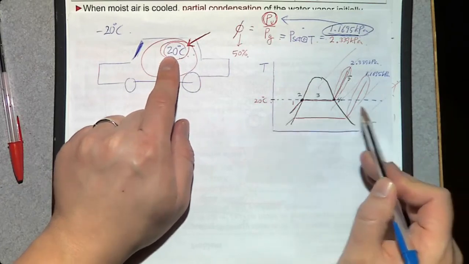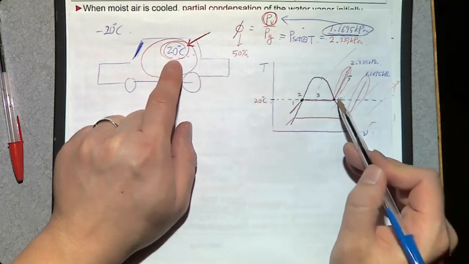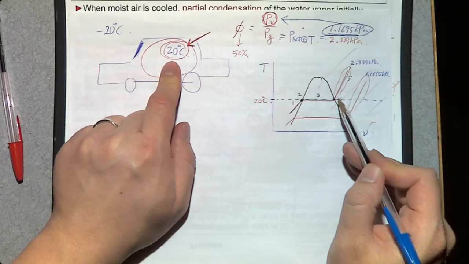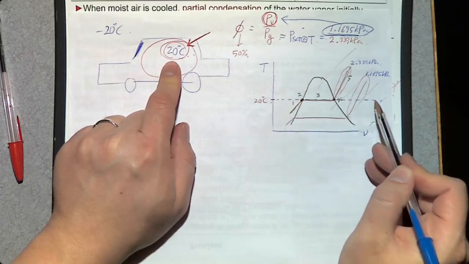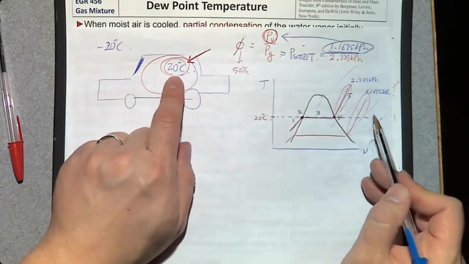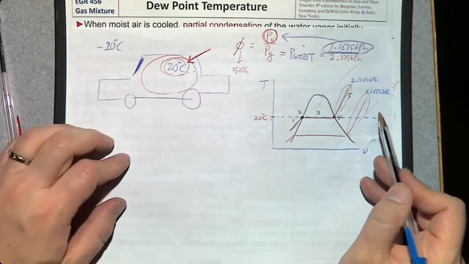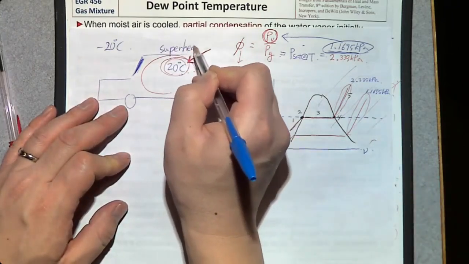However, the temperature is 20. That means that on this TV diagram, the water vapor in air should be on this line. But the water vapor in air should be superheated vapor, always superheated vapor.